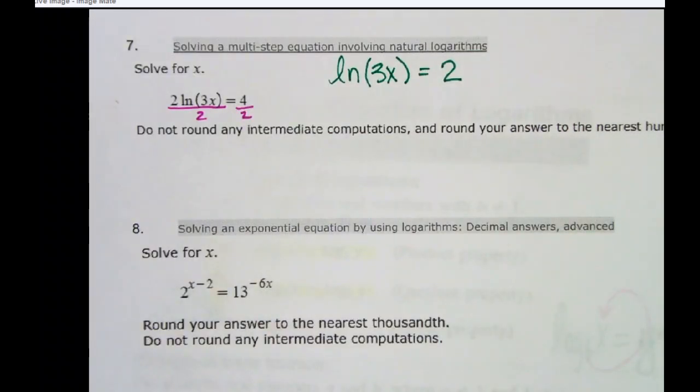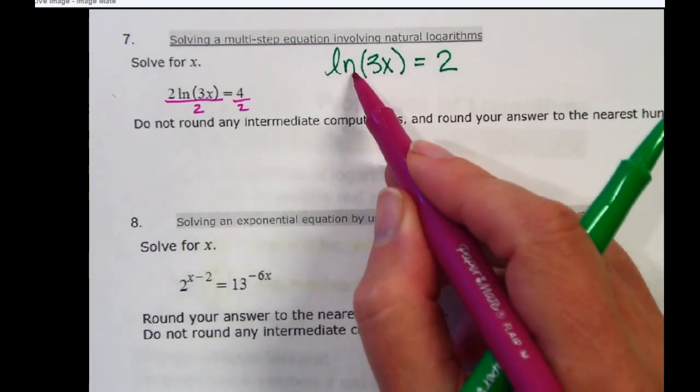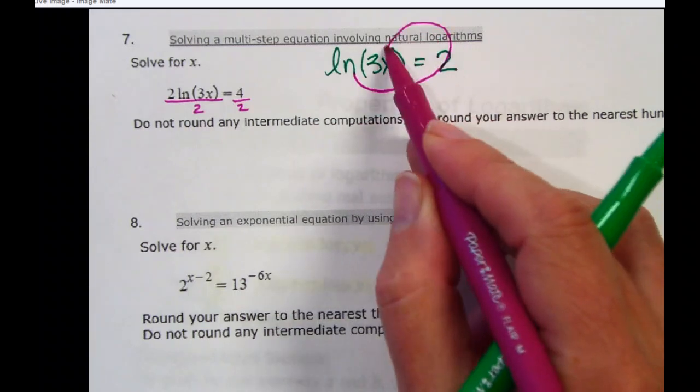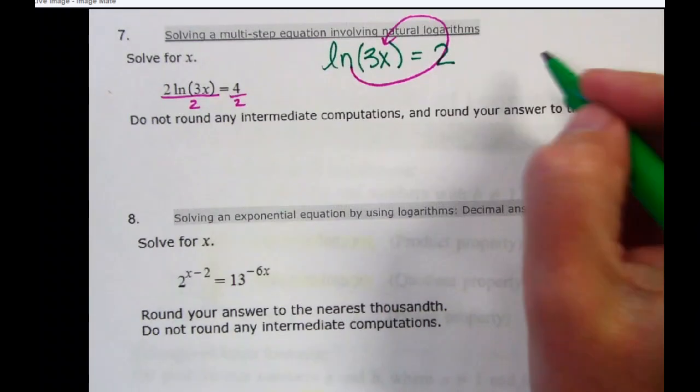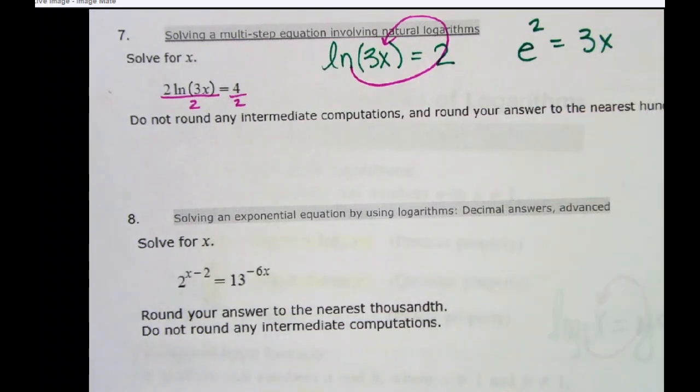Okay, I need to get rid of the natural log. When we have one logarithm, we said we were stuck. So what do we do? What's my base? E. E raised to the? Second divided by 3. Good. So E raised to the second equals 3x. Britton already did this for us.